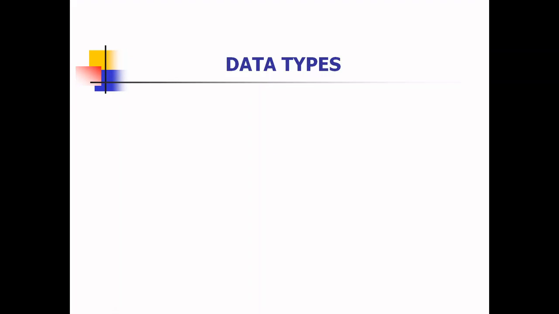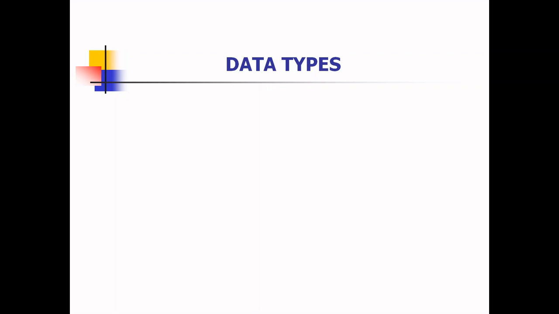Every variable in Java has a data type associated with it. Data type specifies the size and type of values that can be stored in the variables. Java language is rich in its data types.